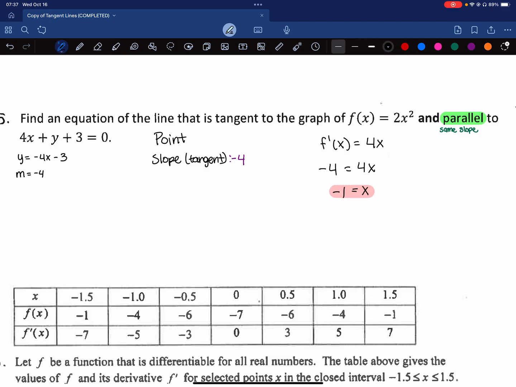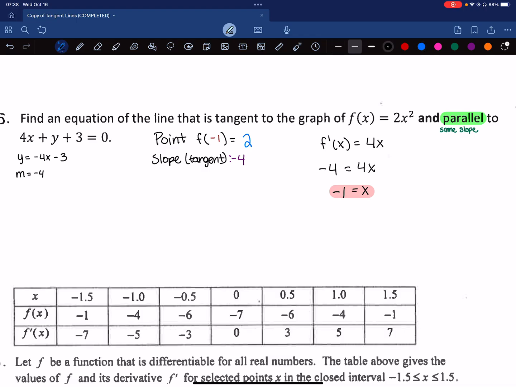So now we just need to evaluate f of negative 1. F of negative 1, if we plug in negative 1 squared is a positive 1 times 2 is 2. So we get the point negative 1, 2. We have a slope of negative 4.